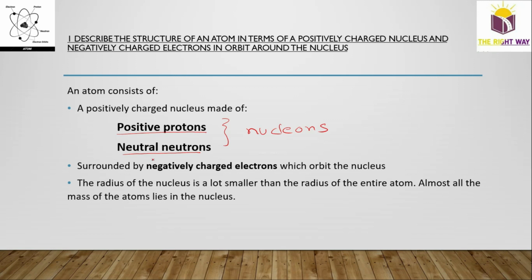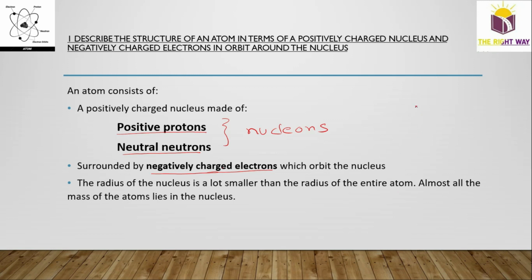Okay, the third thing that an atom contains is the electron. Electrons are negatively charged particles which orbit the nucleus. Orbit the nucleus means there are orbits around the nucleus in which these electrons revolve around the nucleus. And the radius of the nucleus is a lot smaller than the radius of the entire atom.